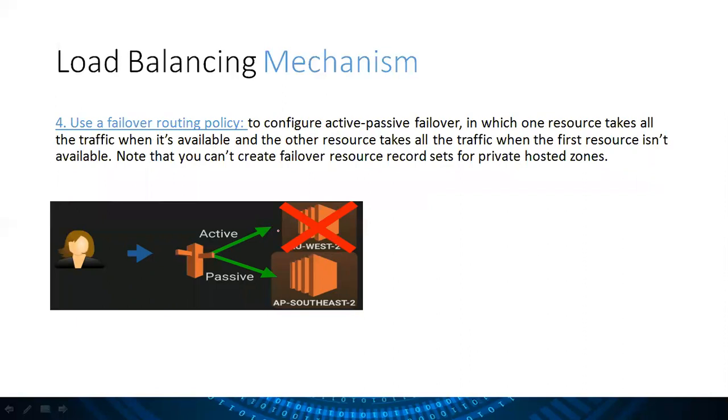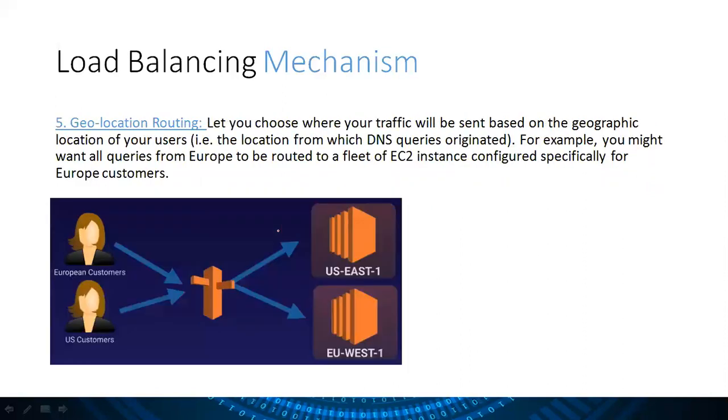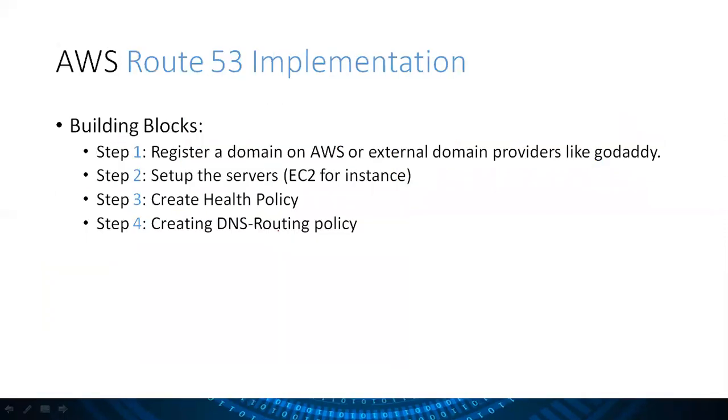And failover based, and geolocation based, like a customer based in the US will get a response from the server nearest to its location, similar to the topology based load balancing mechanism we configured on the F5 GTM.